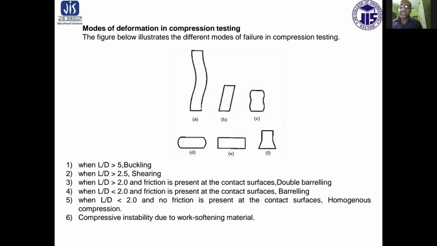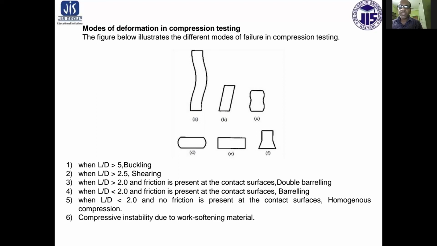In the second case, that is number 2, when the L/D ratio is greater than 2.5, the material fails under shearing. Number 3, when the L/D ratio is greater than 2 and friction is present at the contact surfaces, double barreling occurs.